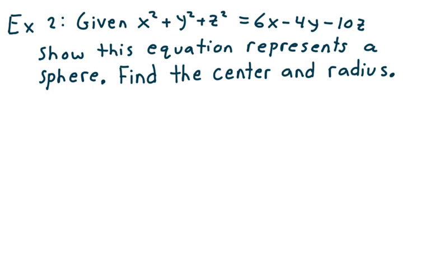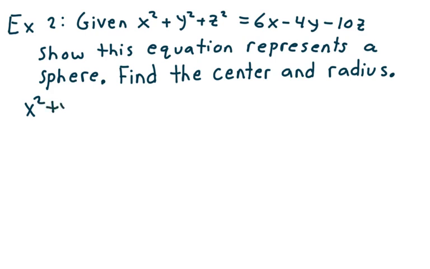Example 2. Given x squared plus y squared plus z squared is equal to 6x minus 4y minus 10z. Show that this equation represents a sphere, and additionally, we want to find the center and radius. And so what we want to do here is what's called completing the square.